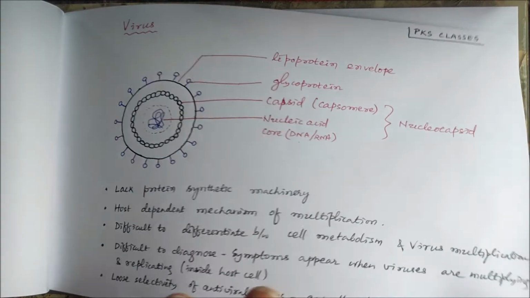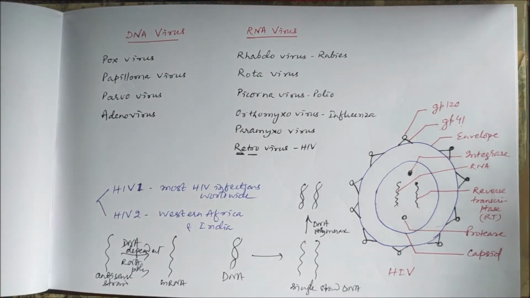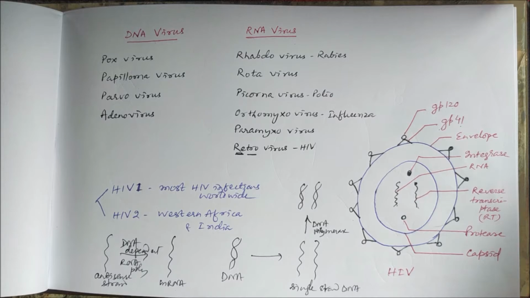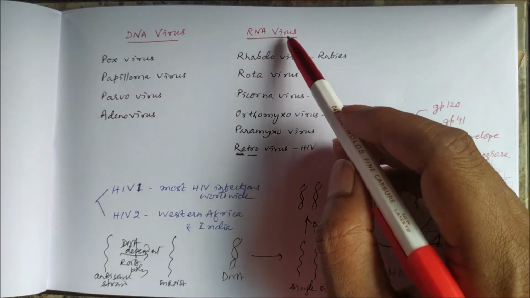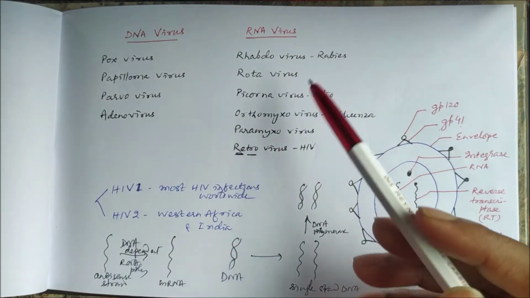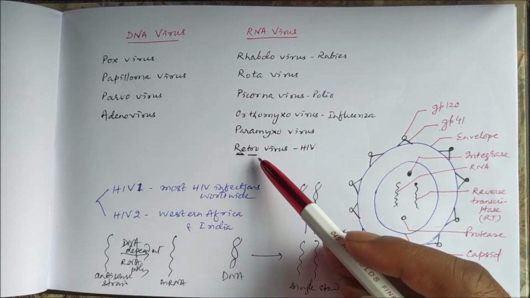Based on that we can have two types of virus. If the nucleic acid component is DNA, then it is a DNA virus. If it is RNA, then it is an RNA virus. And one type of RNA virus is retrovirus.